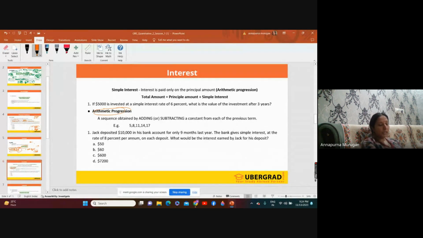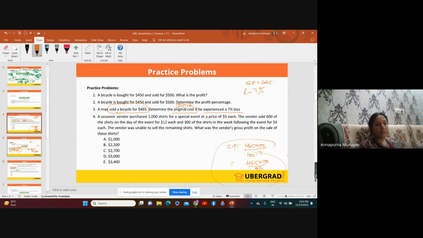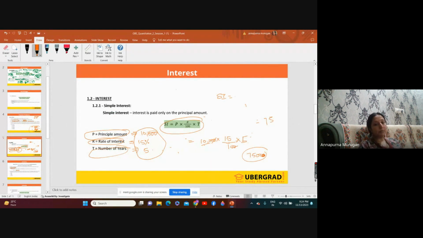We are talking about arithmetic progression because, when you see this arrangement of numbers, the difference between two terms will be the same. So here also, for 1 year, what will be the simple interest?